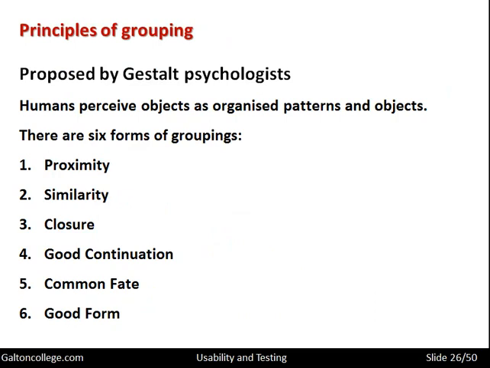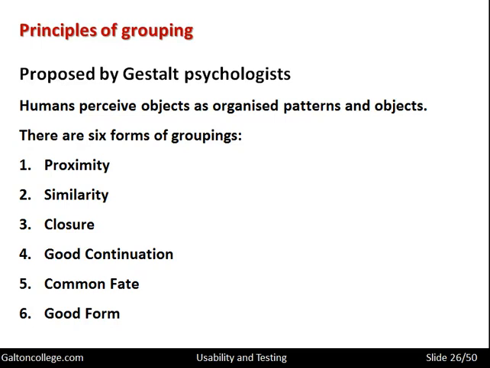The principle of grouping was proposed by Gestalt psychologists. Humans perceive objects as organized patterns and objects. There are 6 forms of groupings that need to be considered when we're looking at groupings of objects, and particularly in the context of the internet. These 6 are listed here. Proximity, the closeness of the products.